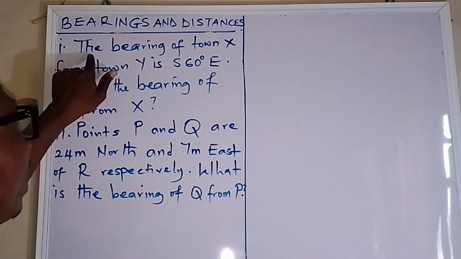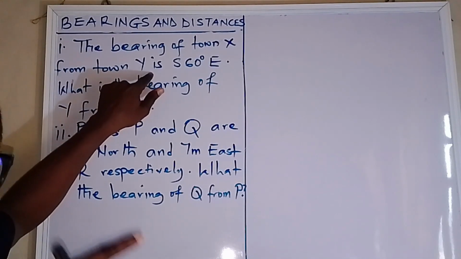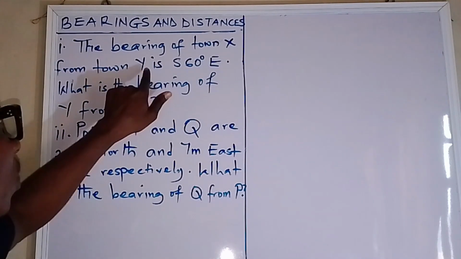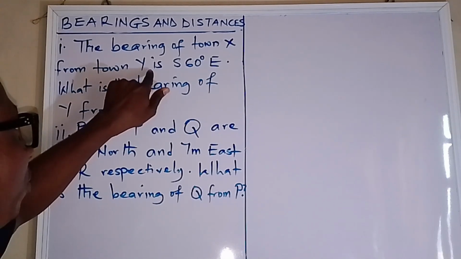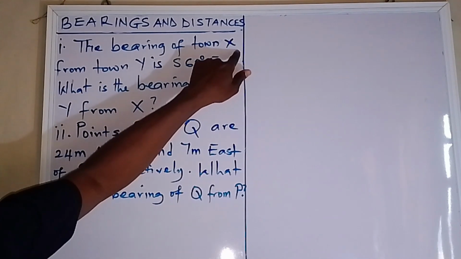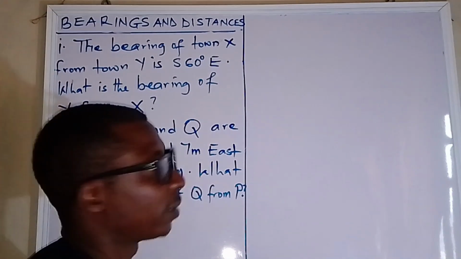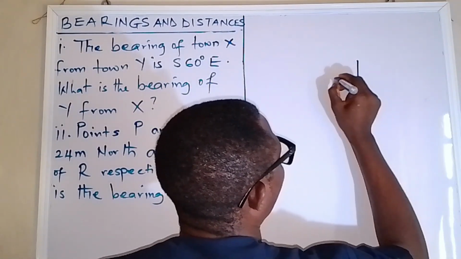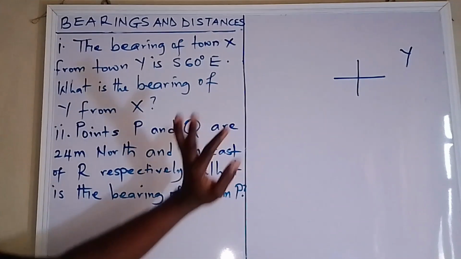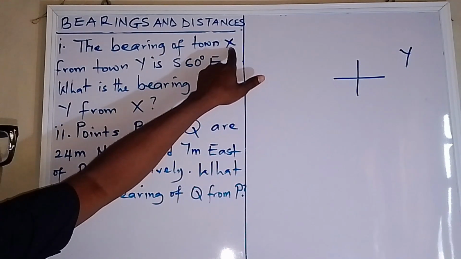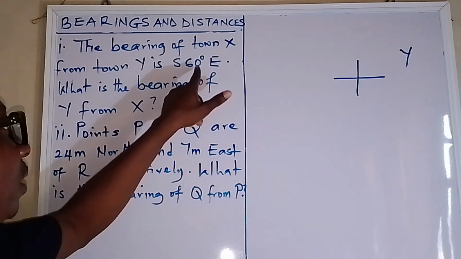Now the question says the bearing of X from Y is south 60 degrees east. So that means I need to know where Y is. That will give me the position of X. So the first point we are locating is point Y. So this is point Y. And the direction of X from Y is south 60 degrees east.